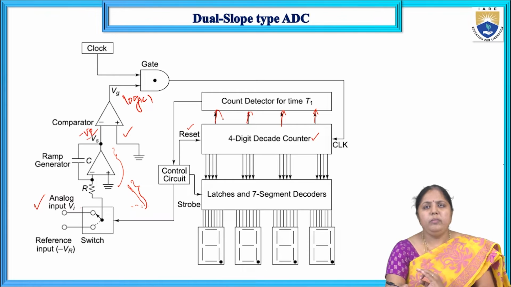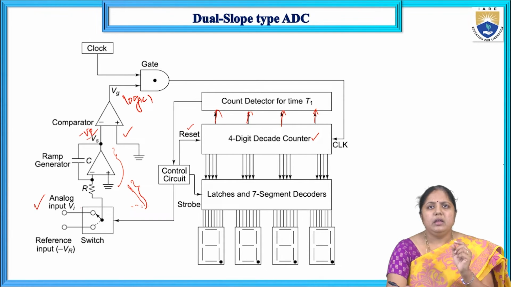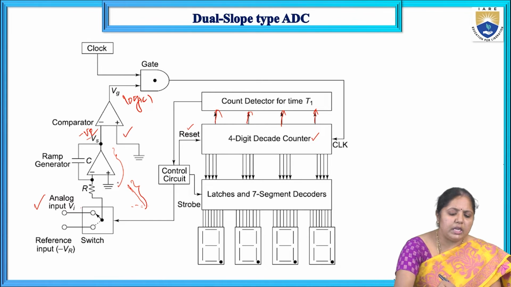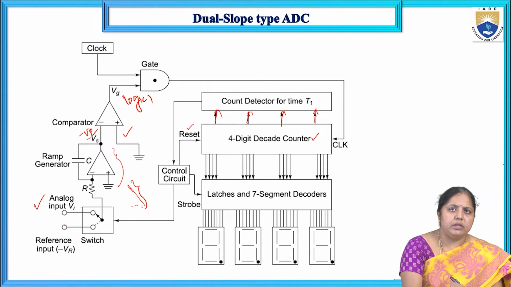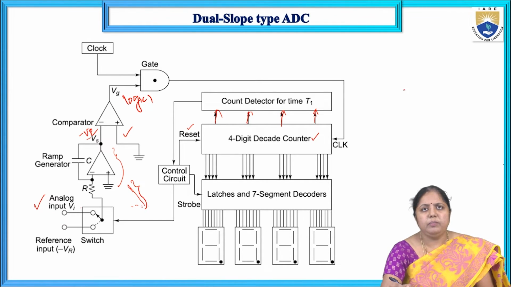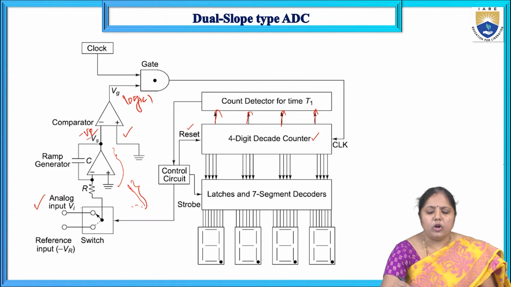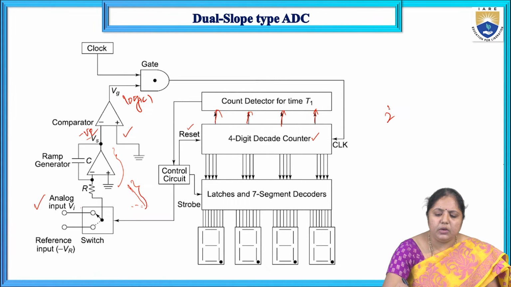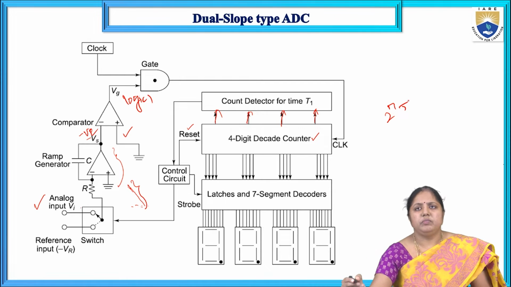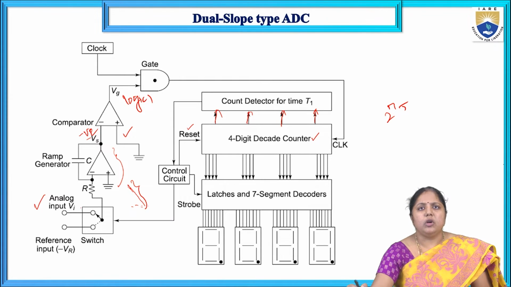How many clock cycles can be allowed by the gate? The analog input signal is converted into an equivalent negative ramp signal for a period of 2 power n into T clock cycles.